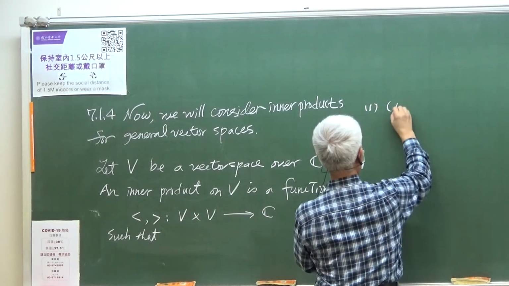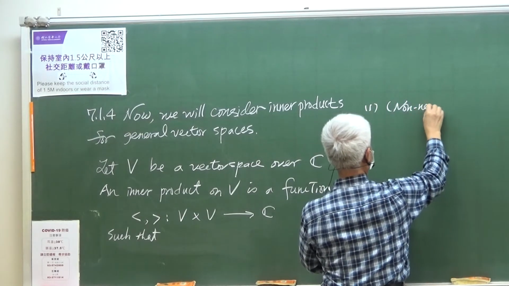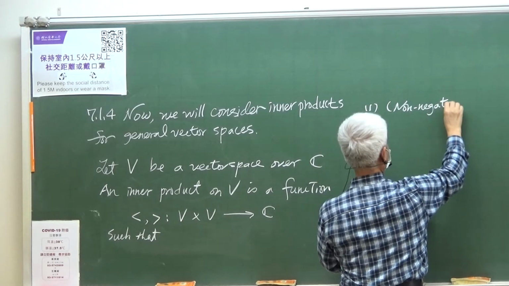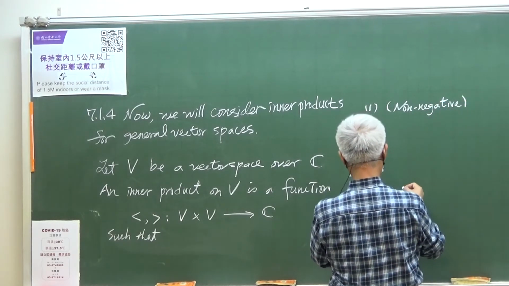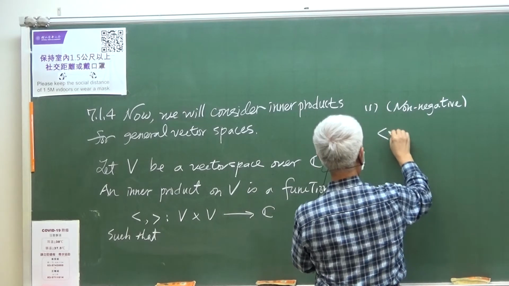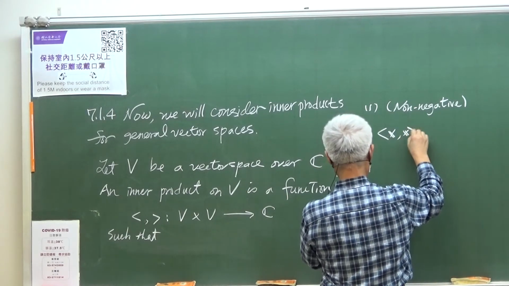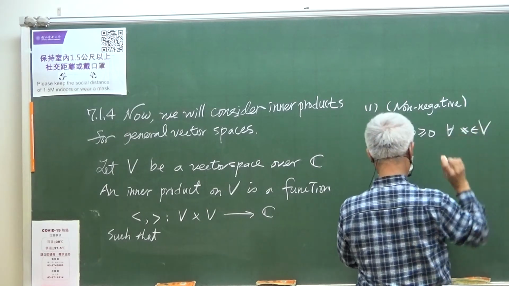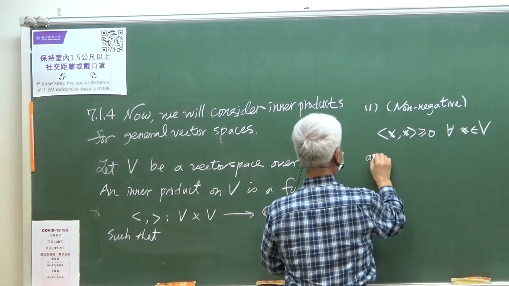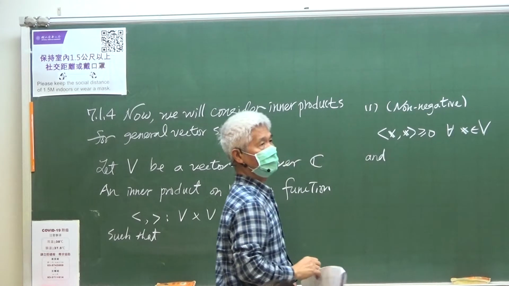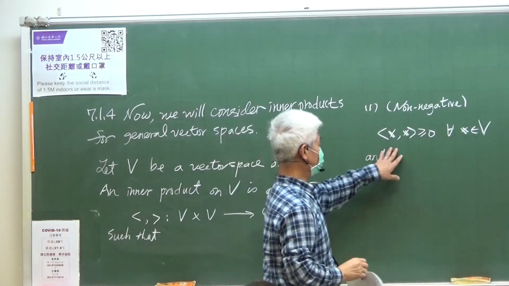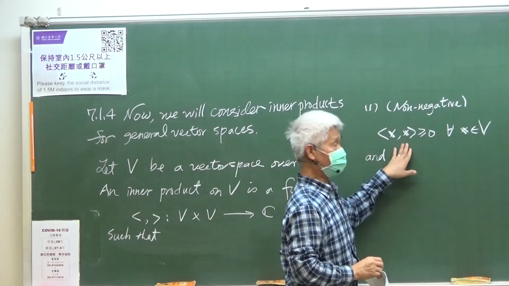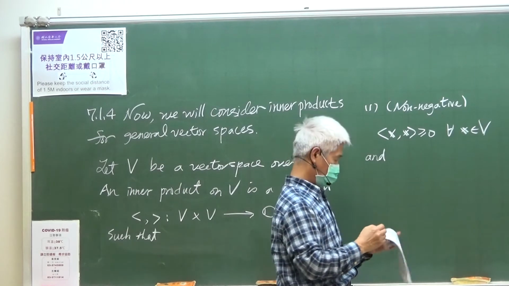One is called the non-negative property. So the inner product of a vector in V with itself will be non-negative.